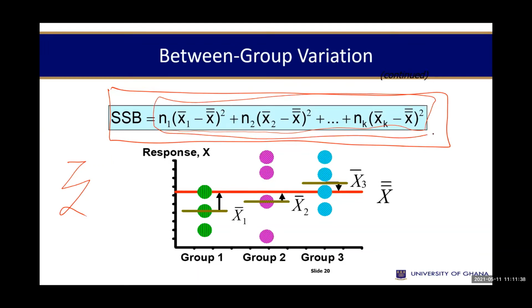If you can see this, this is for Junction Mall, this is for Accra Mall. Sample size, respective sample mean, and the grand mean. Each of them may be different from the other, but if they are the same, you move along as such.